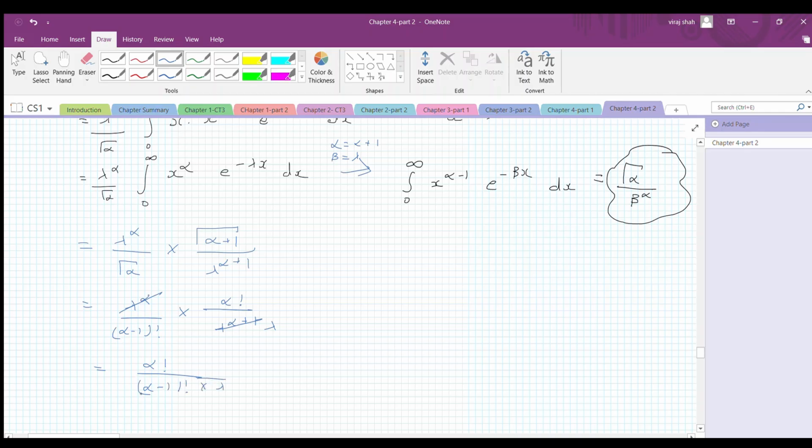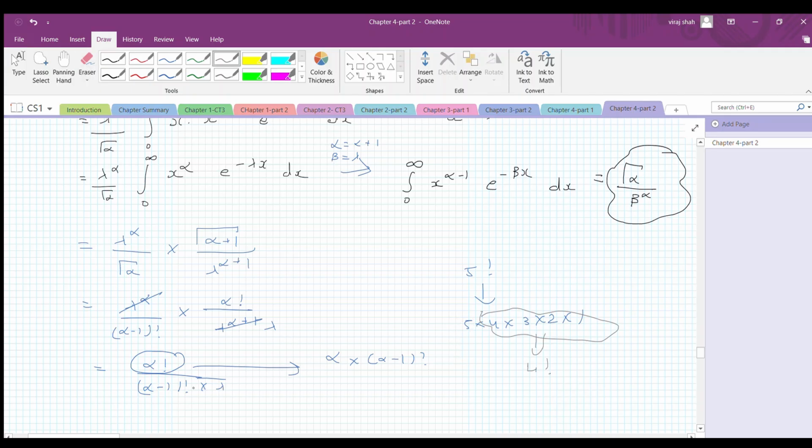So I can write alpha factorial as nothing but alpha into alpha minus 1 factorial. Similar example, 5 factorial is nothing but 5 into 4 into 3 into 2 into 1, so I can write this as 5 into 4 factorial. So this is n factorial equals n into n minus 1 factorial.